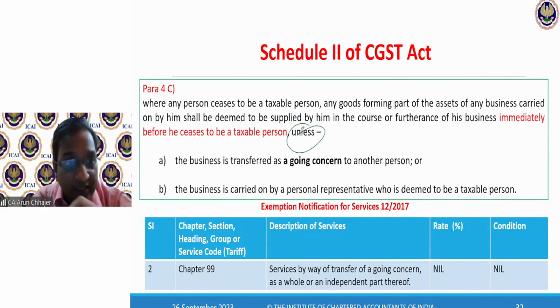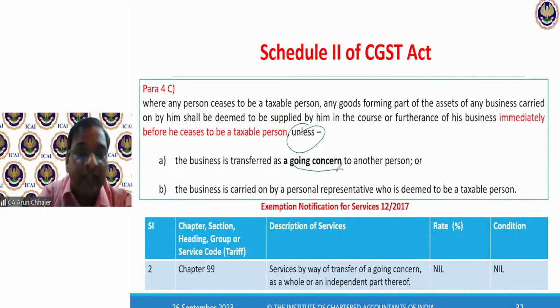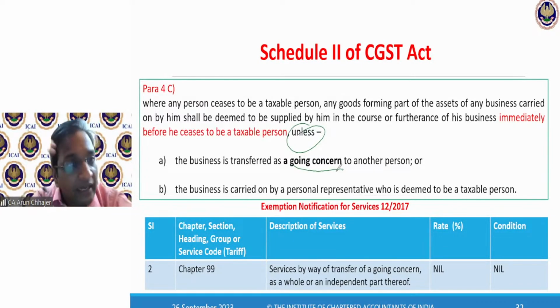Unless, so they are saying the exception is going concern. What is the going concern? Going concern, like Air India has disposed of one unit and transferred it to the Tata permanently, but that business is not shut down.